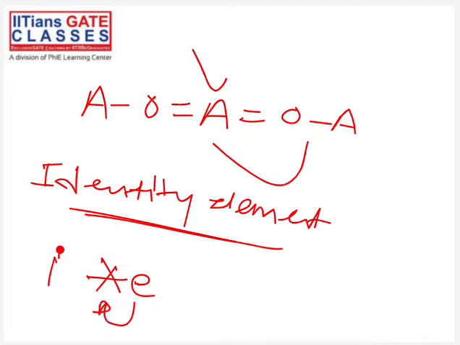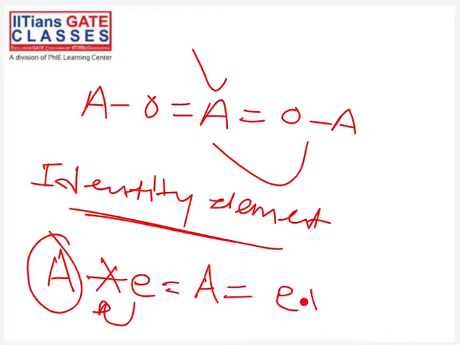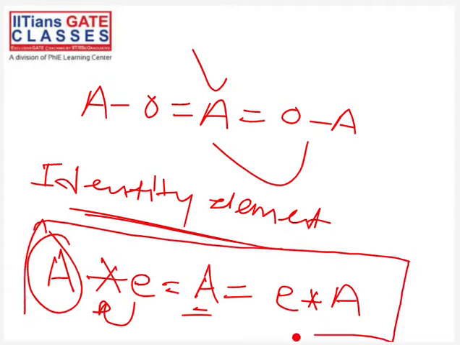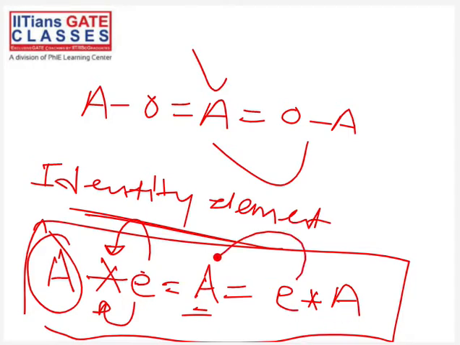It should happen that you take anything here, you can take any A, then A star E must be A. Also E star A also must be A. So whenever you are saying that E is identity element for star operation, then A star E must be equal to A, and E star A also must be equal to A. In that case, we will say that E is identity element for star operation.